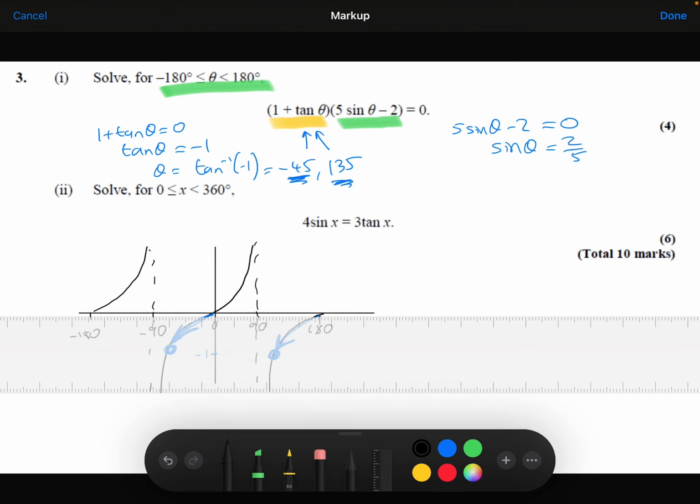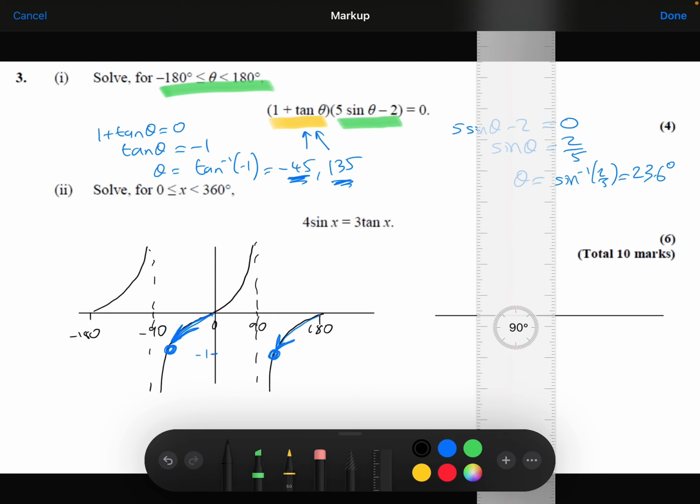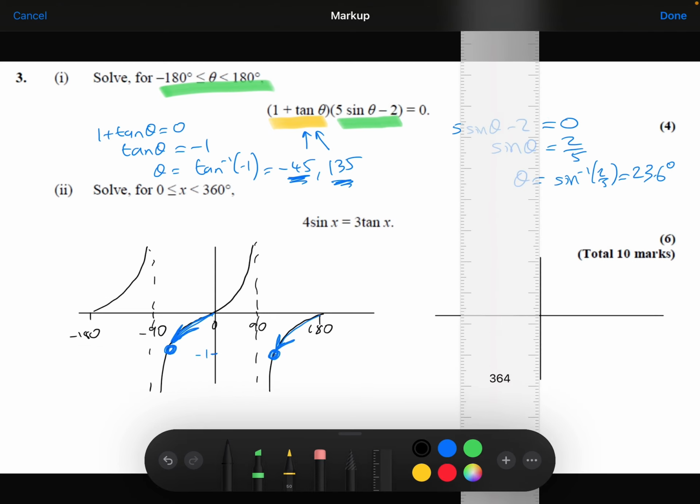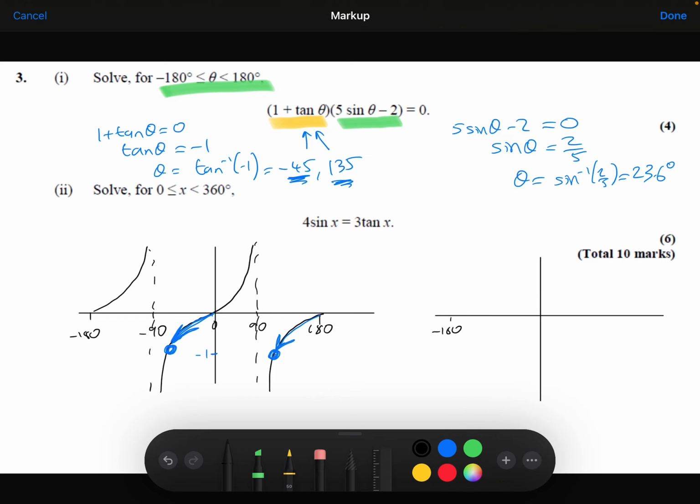For the second equation, sine inverse of 2/5, I get 23.6 degrees. Now I need to draw a sine graph to get the second solution for that, again between minus 180 and plus 180. So here's my sine graph.